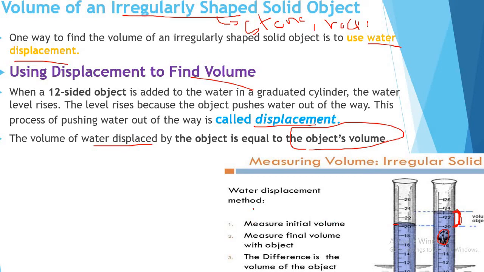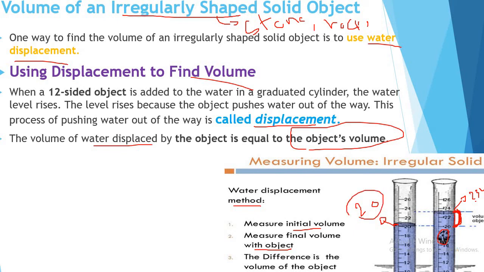So first, measuring the volume of an irregular solid with the water displacement method. We measure the initial volume, which is 20 here. Then we measure the final volume after we put in the object, which is 23 here. The difference between 23 and 20 is the volume of the object.